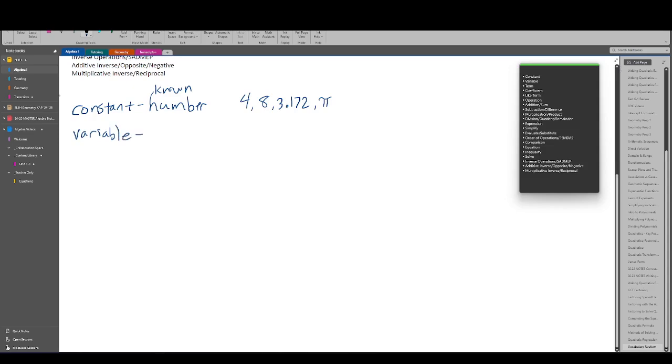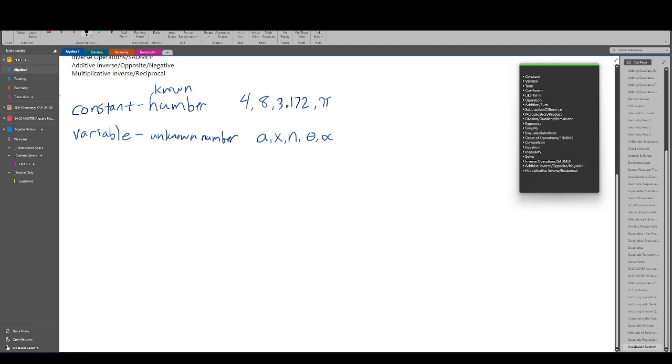A variable is an unknown number. It's a placeholder for some number whose value we don't know. We typically use letters like A or X or N. We also sometimes use other symbols that aren't letters or that are letters in different languages, like theta or alpha.